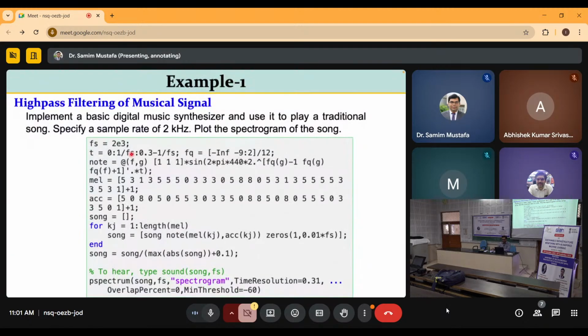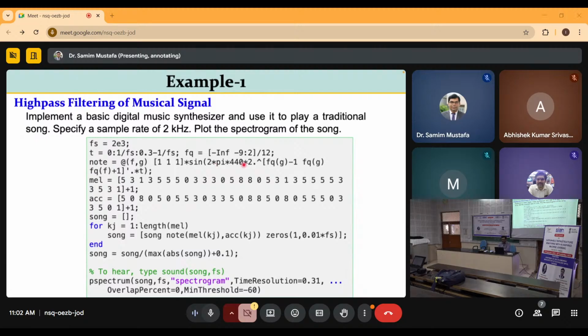Then fq will have this frequency bandwidth.